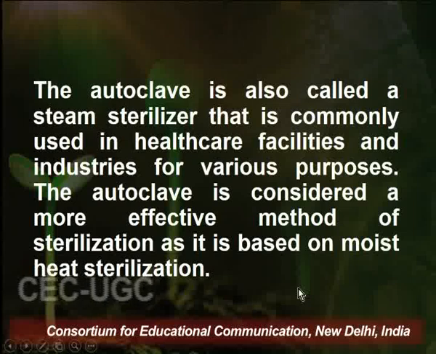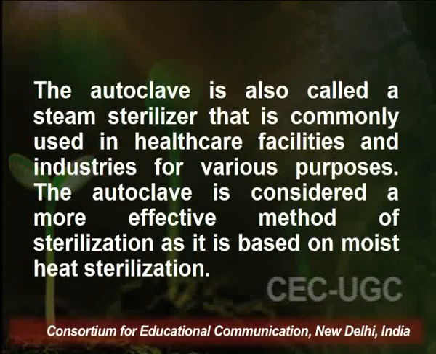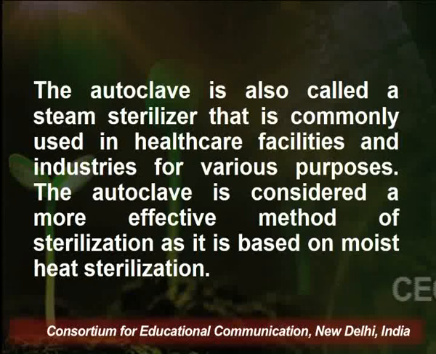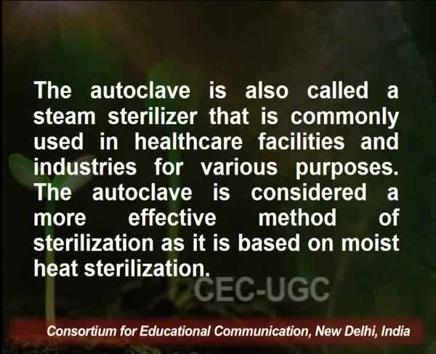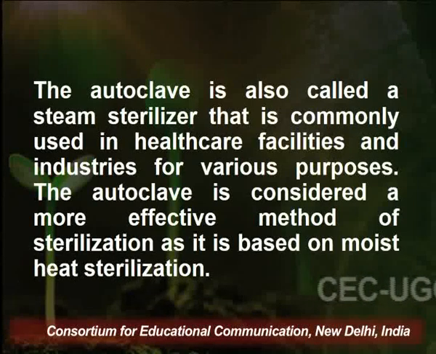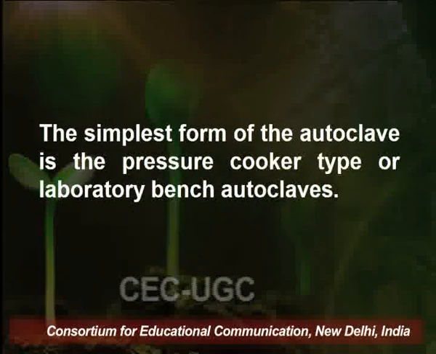An autoclave is also called a steam sterilizer that is commonly used in healthcare facilities and industries for various purposes. The autoclave is considered a more effective method of sterilization as it is based on moist heat sterilization.